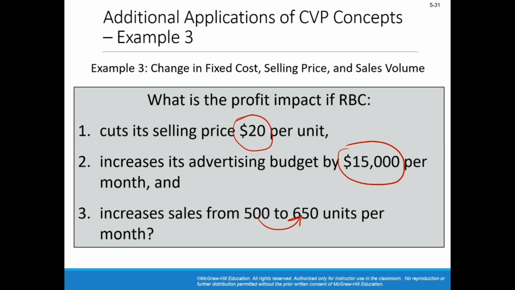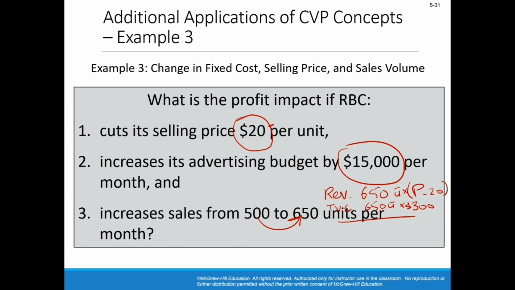So now you'll have to prepare a new income statement where you have on the revenue line 650 units multiplied by the selling price minus 20, because here they told us that they decreased the selling price by $20. Your total variable cost will be 650 units multiplied by $300.